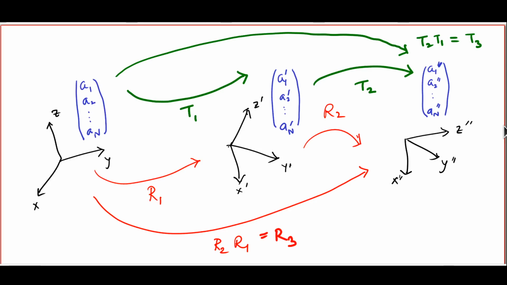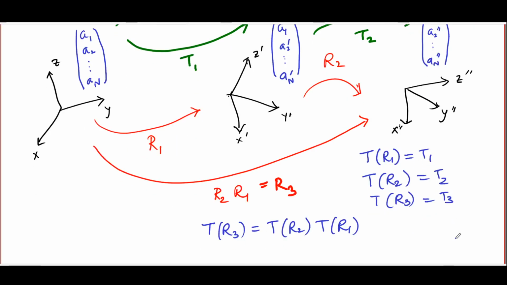Put more mathematically, what we demand is corresponding to every R there is a T. So there is really a map between the R's which describe how the coordinates transform and the T's which describe how the components describing my object transform. So let us call this map simply T. So the T for R1 is my T1, T for R2 is T2, and T for R3 is T3.